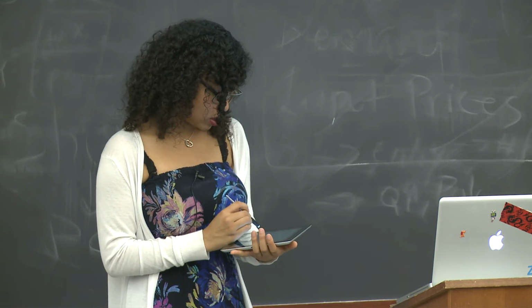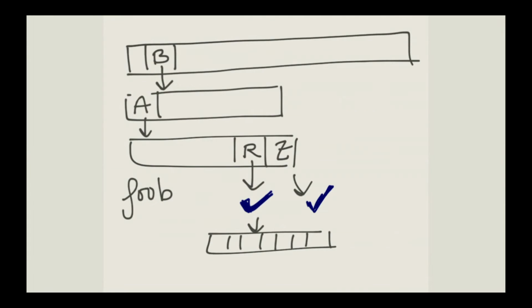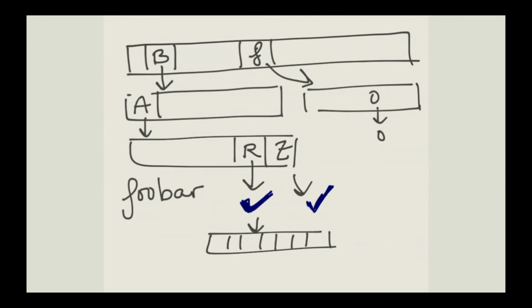Now say we wanted to insert the word foobar. We would make an entry at F. F is a node that points to a whole array where we would find O, go to O again, and then O links to a whole list.